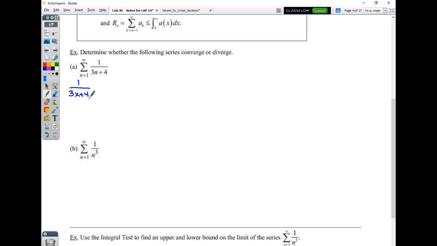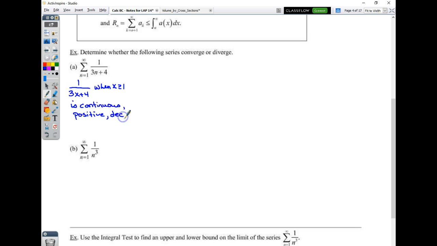And my question for you is, when x is greater than or equal to 1, as you can see, n starts at 1, so we're going to let x start at 1, can you say this function is continuous? Do you agree with that? Is it positive? Is it decreasing?